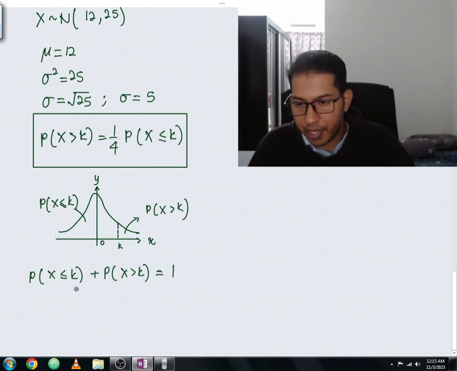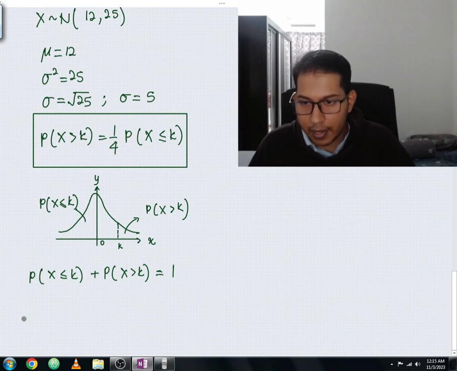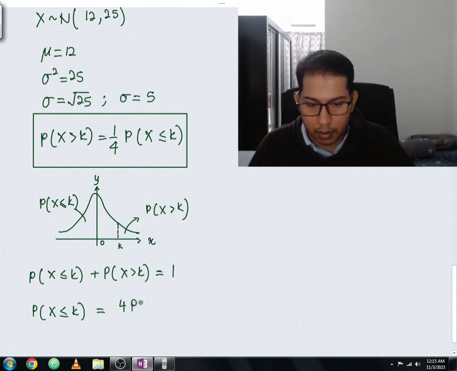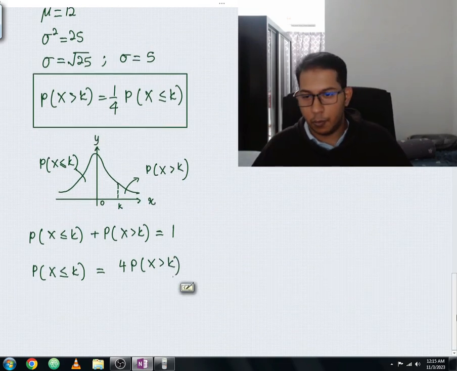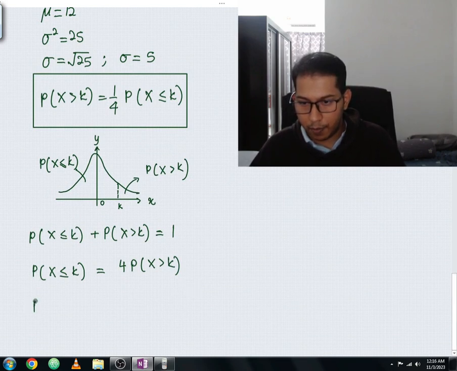From the two variables, you need to reduce it into one single variable. So instead of writing probability x less than or equal to k, we equate it as 4 times probability x more than k. For the upcoming step, this will be your working: probability x more than k plus probability x more than k is equal to 1.